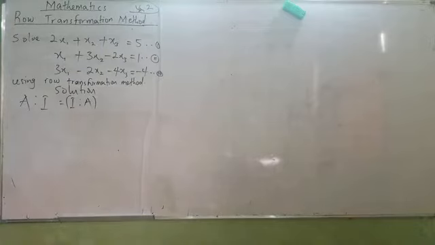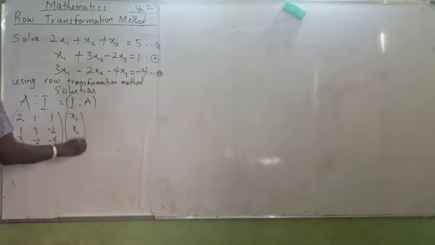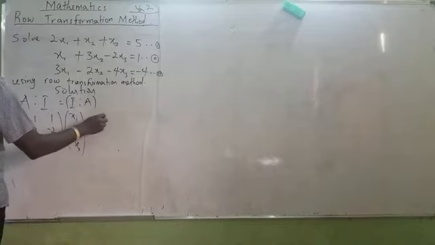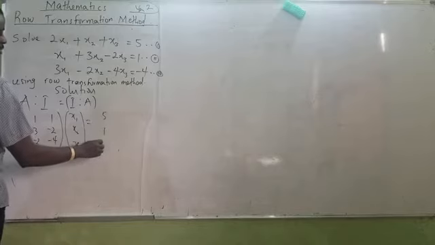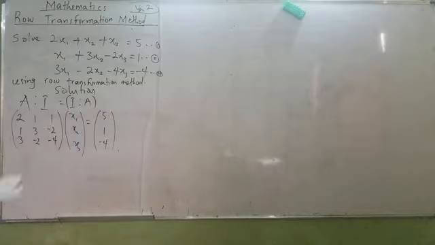Normally, this is how it is supposed to be: the matrix 2, 1, 1, 1, 3, minus 2, 3, minus 2, minus 4 times x1, x2, x3 equals 5, 1, minus 4. That is how it's supposed to be. This is how to solve a given matrix. Take note of that, very, very important.